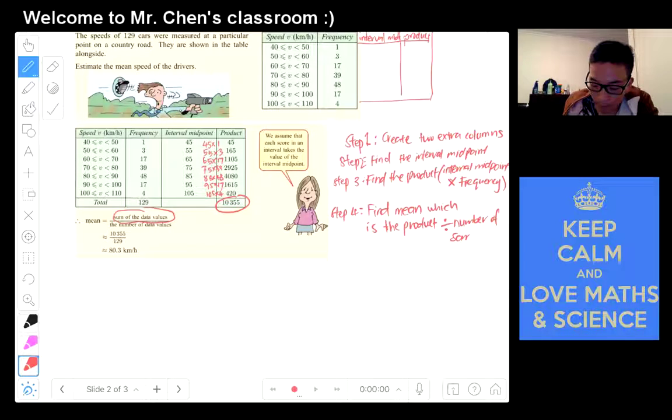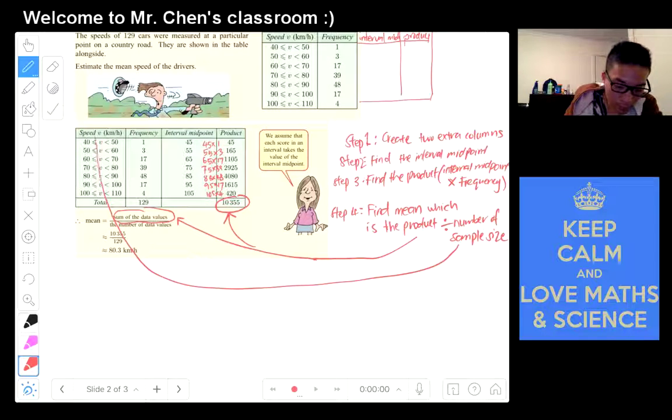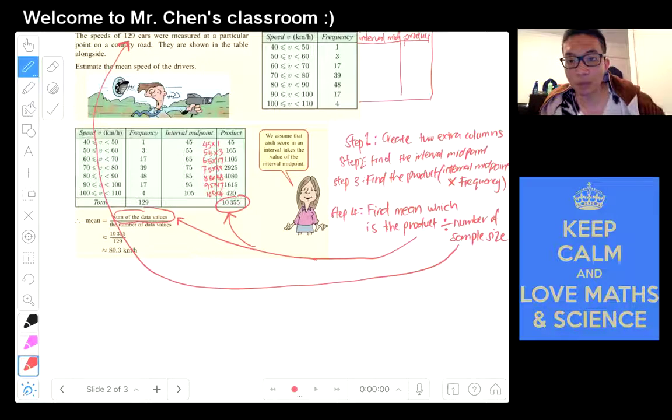So your product here is that one, look at this, and your sample size is 129. Sometimes you actually need to count it, but in this case it is given to you with 129.